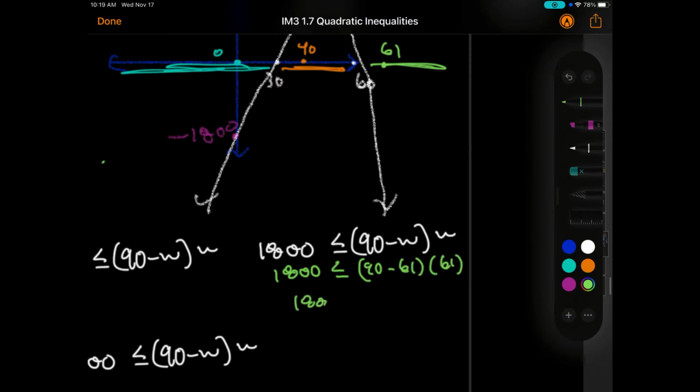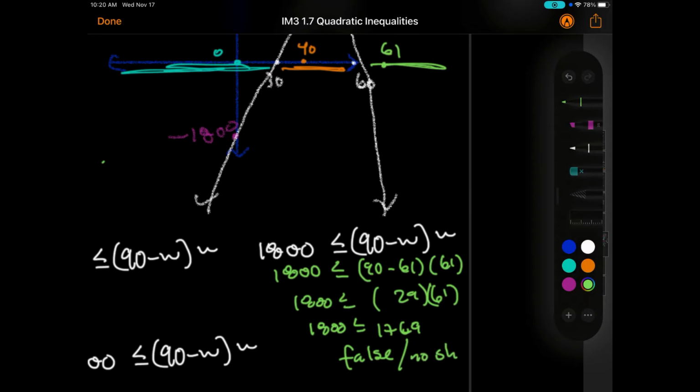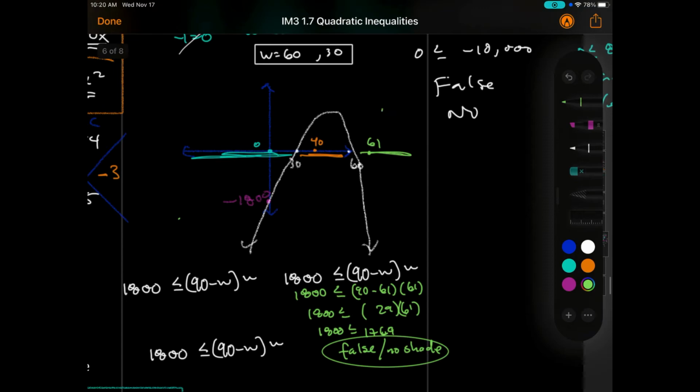So 1800 less than or equal to 29 times 61. 1769. So is 1800 smaller than 1769? This is false. Okay, so that would be a no shade. So no.